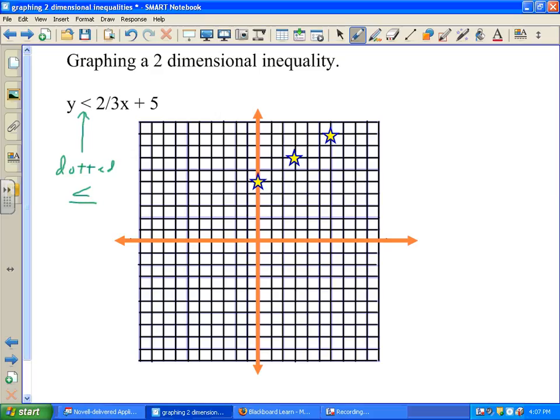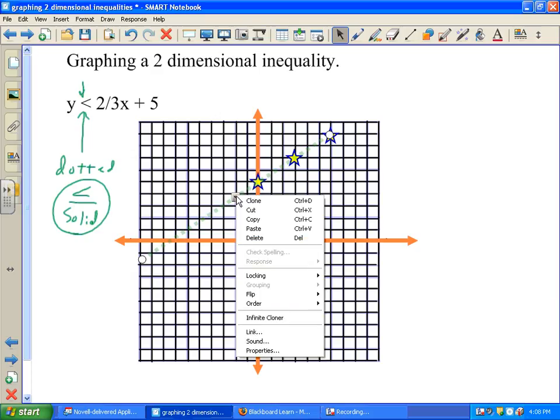If it was less than or equal to, then it would be a solid line. Since it is only less than or only greater than, it means we are going to do a dotted line. So you can draw in your dotted line, and I am going to draw in mine. I'm going to make that a little darker.